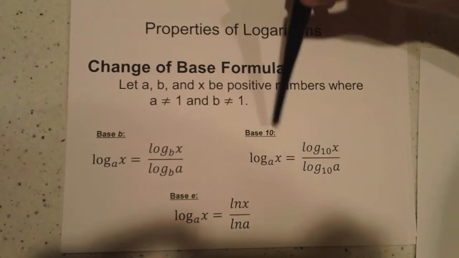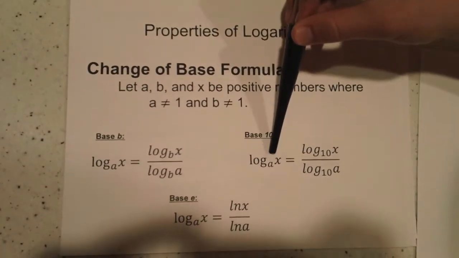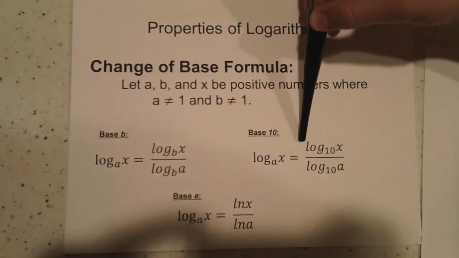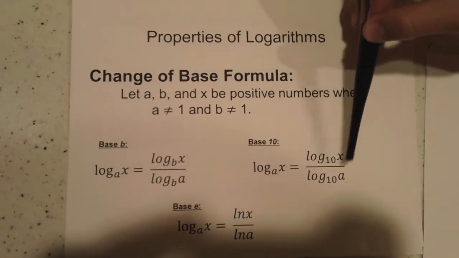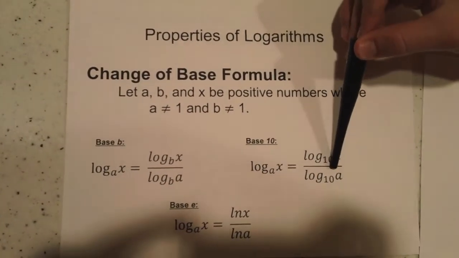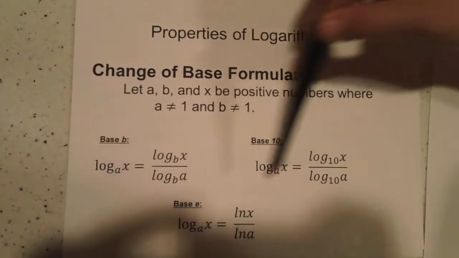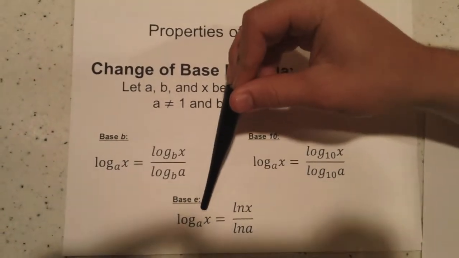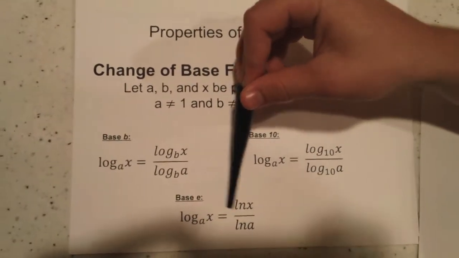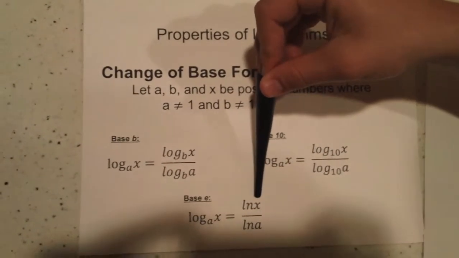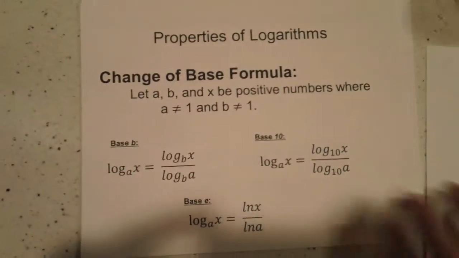Base 10: log subscript a of x is equal to log subscript 10 of x divided by log subscript 10 of a. Base e: log subscript a of x is equal to the natural log of x divided by the natural log of a.